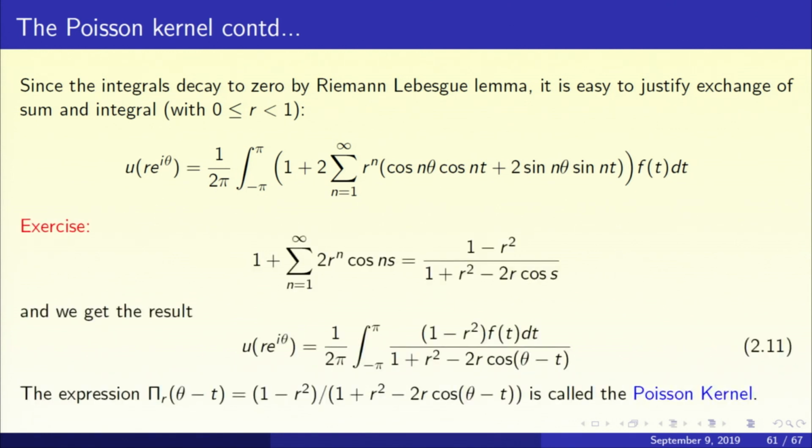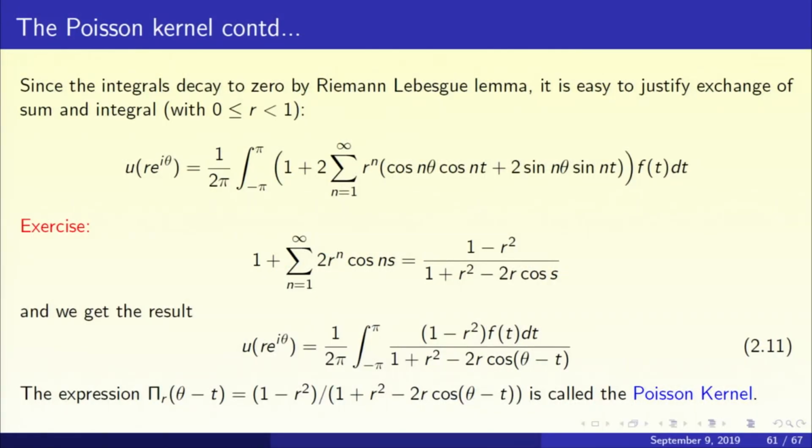We must now find the sum of a series of cosines. We must now compute 1 plus summation n from 1 to infinity 2 r to the power n cos ns in closed form. That's a little exercise for you. You must go back to the previous modules, the very first module where we computed the Dirichlet kernel, remember?